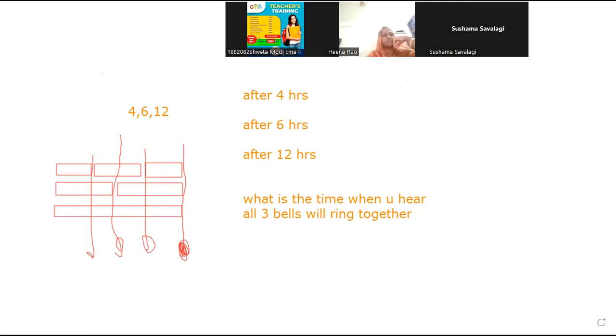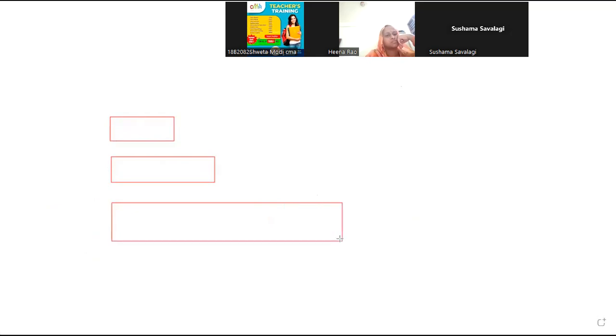Now what does it mean when we talk about HCF? So I have 4, and this is my 6, and this is my 12. When I say highest common factor is 2, it means this is the first place where I can equally divide.